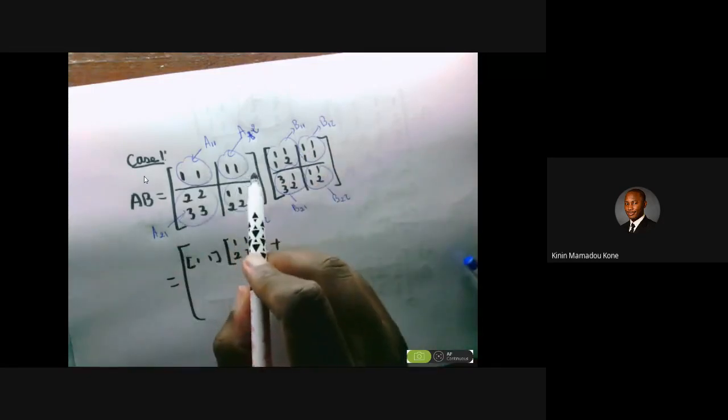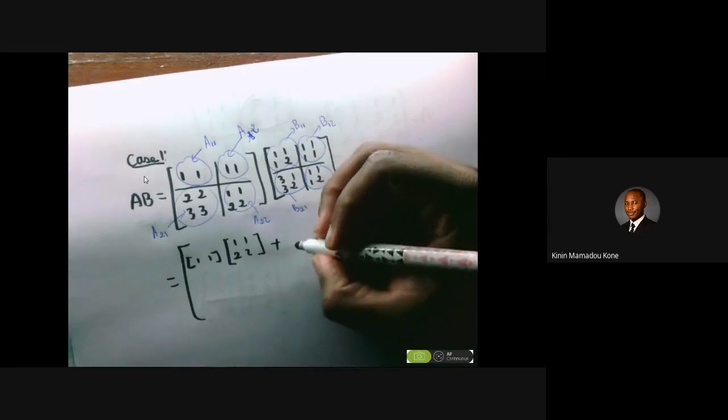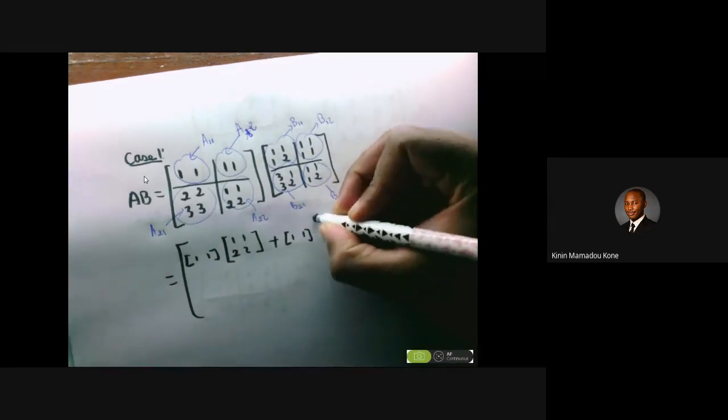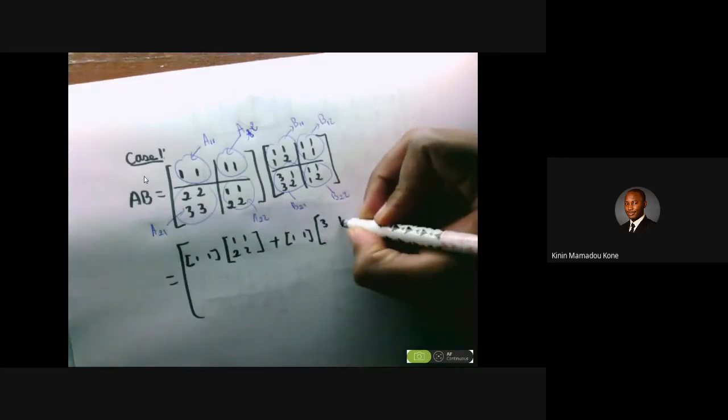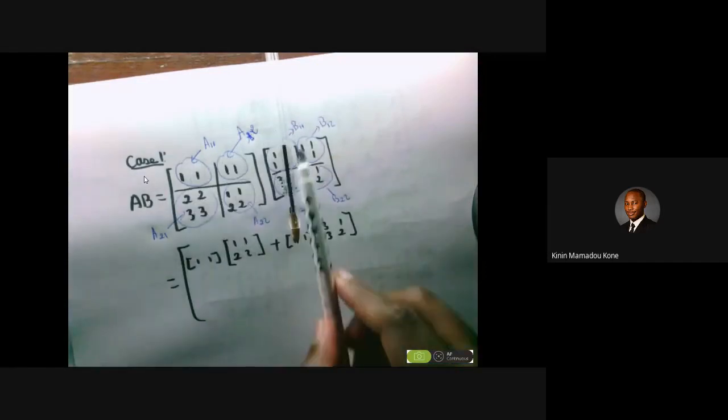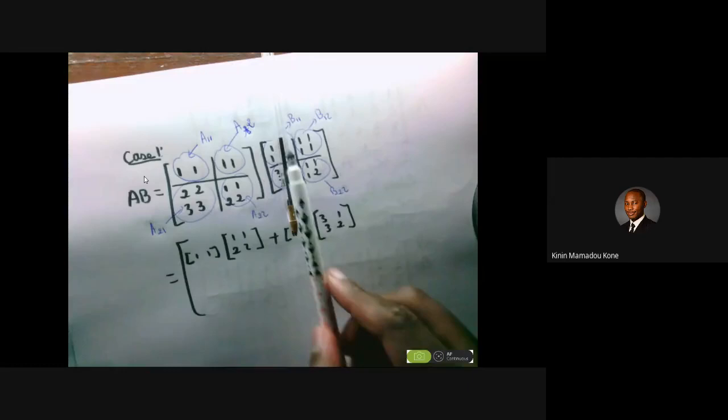I take this row here times this column over here as if it was a regular type of matrix. So 1, 1 here multiplied by this matrix over here, 1, 1, 2, 2, plus this time that, 1, 1 times 3, 1, 3, 2. And then I continue. I fix this column over here, multiply this times this, finish that, now this times that.